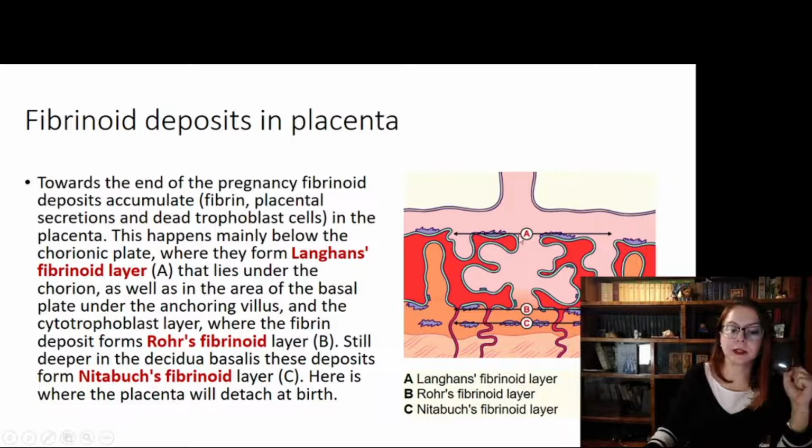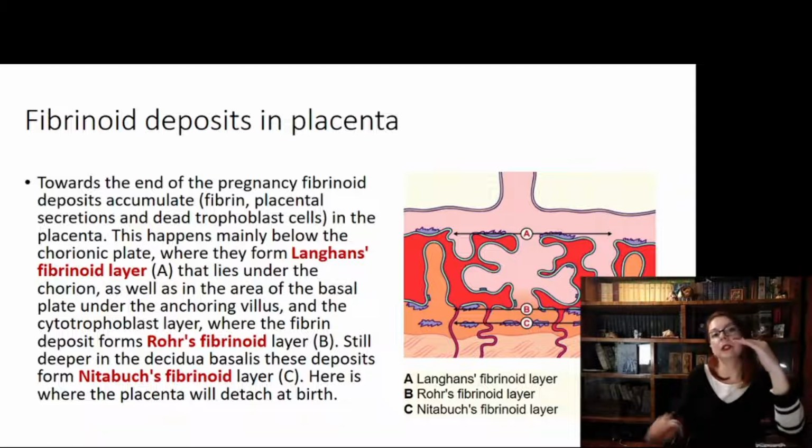They discovered that one layer of fibrinoid is located just under the chorionic plate, and it is called Langhans fibrinoid.